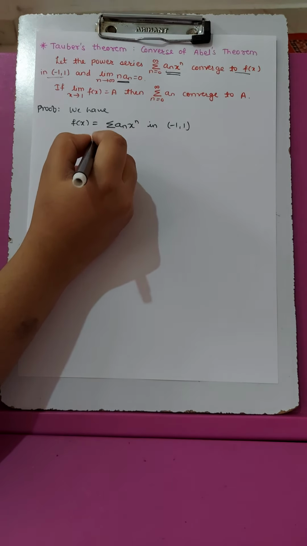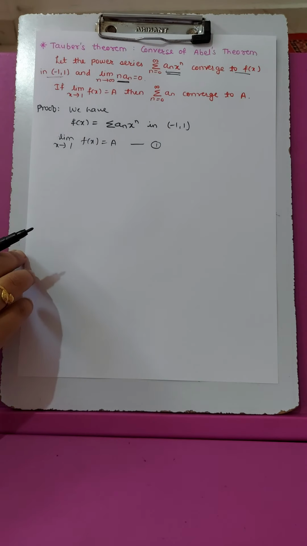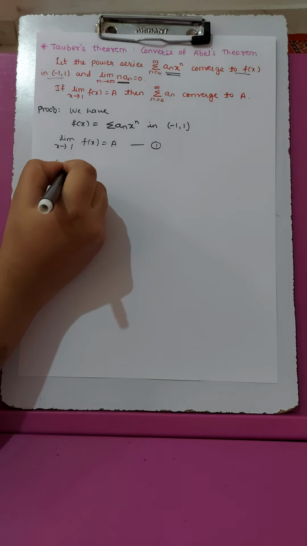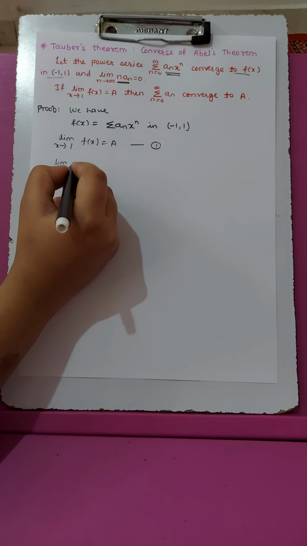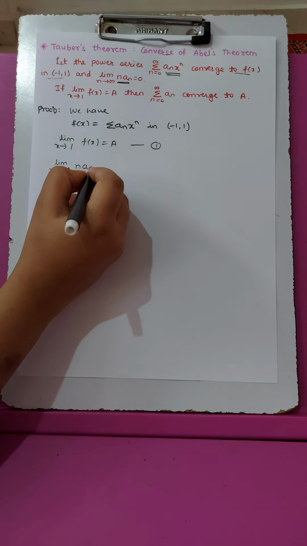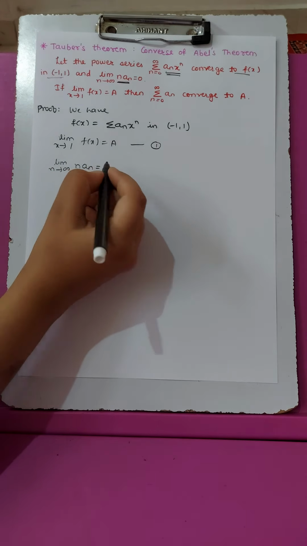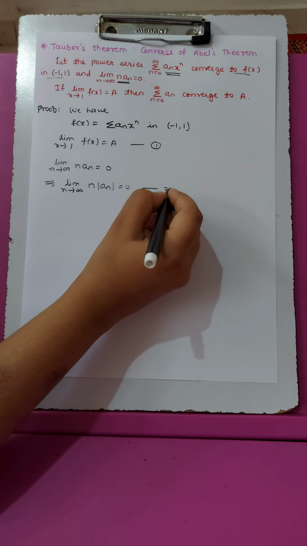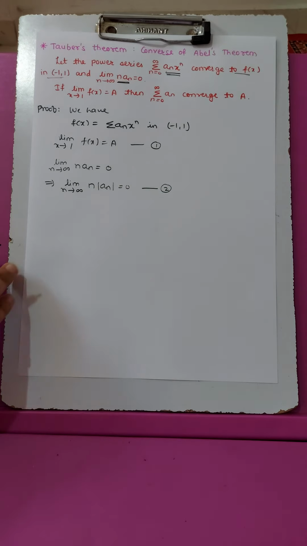Let it be number 1. And also it is given that limit n tends to infinity n a_n is equal to 0. This implies that limit n tends to infinity n mod a_n is equal to 0. Let it be number 2.